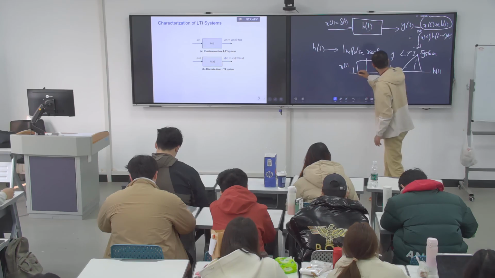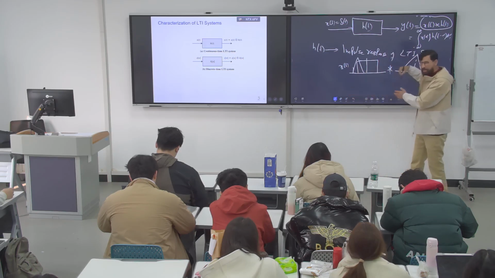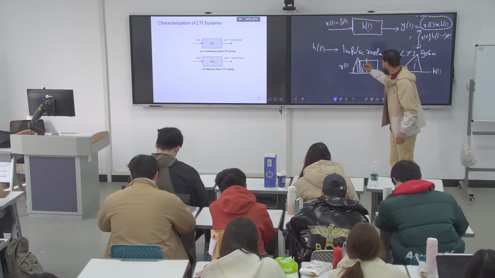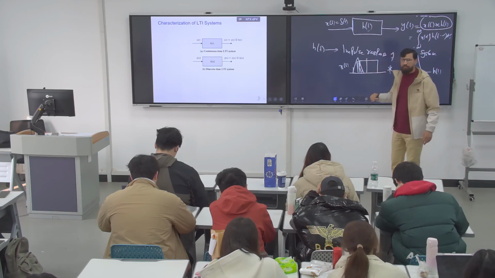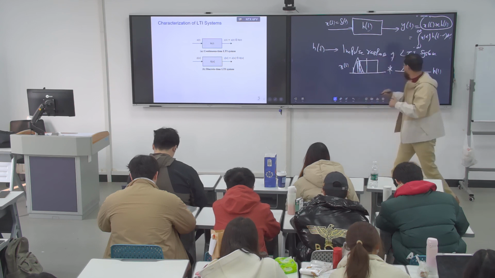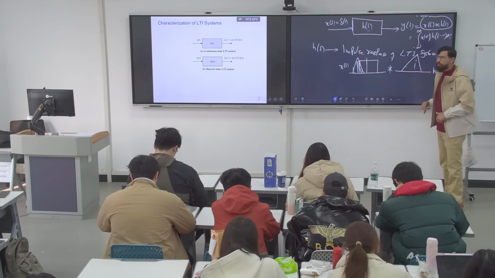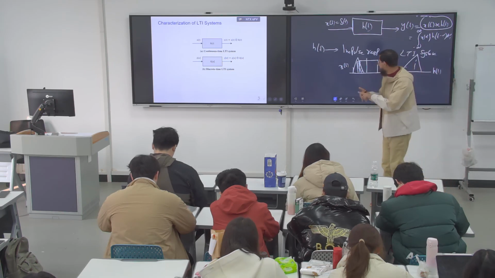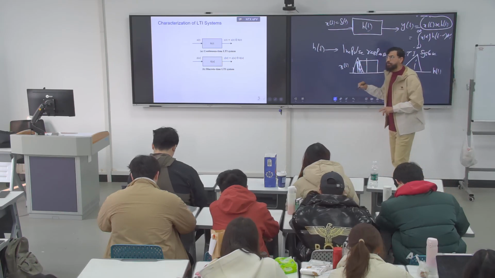Let's say the signal is now somewhere here, and then you slide further and further. What you are doing is measuring this area, finding the common area. How do you find the area in continuous time?